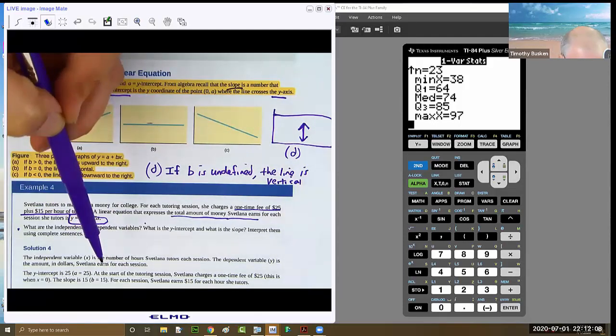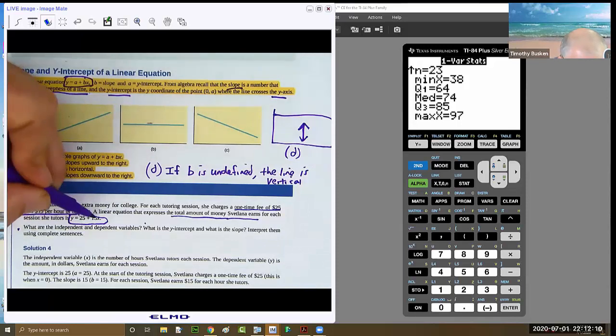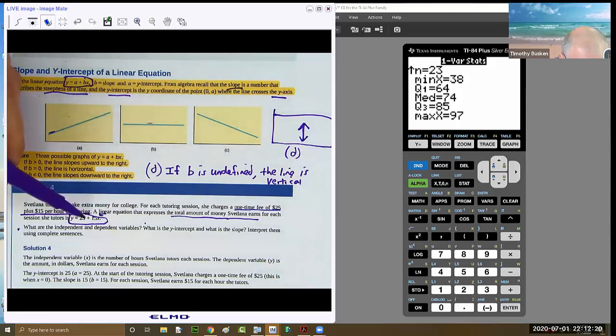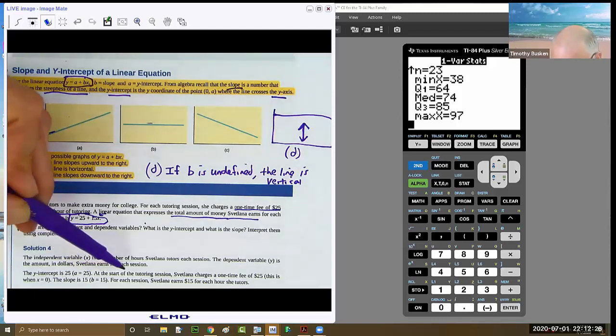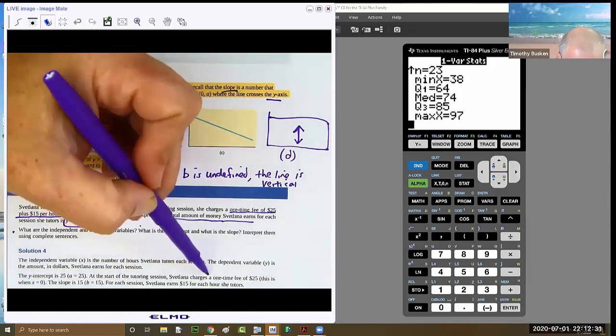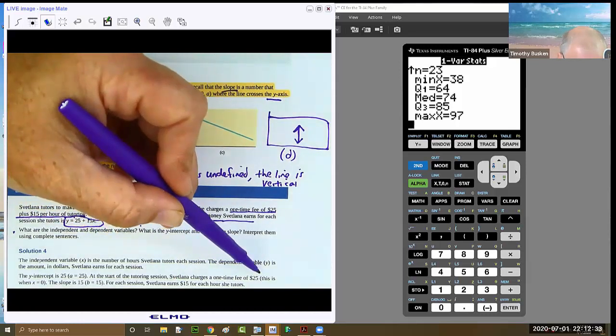When x is 0, she just gets to the tutoring appointment and hasn't started tutoring, and she gets a $25 fee. So at the start of the tutoring session, when x is 0, Svetlana earns a one-time fee of $25.